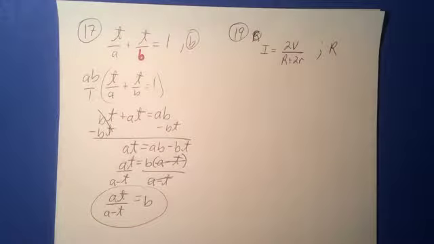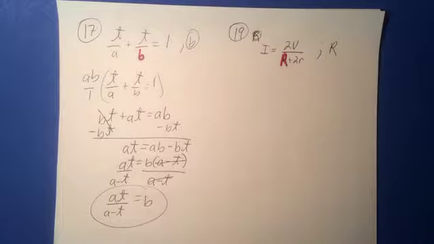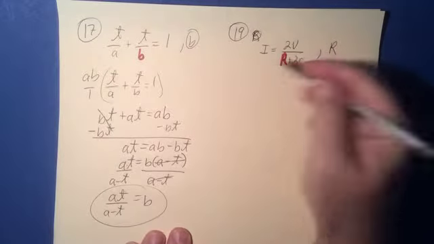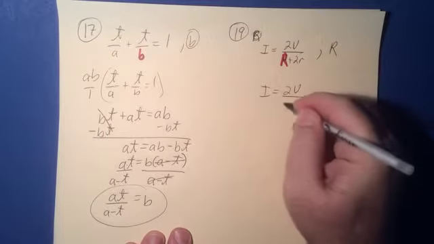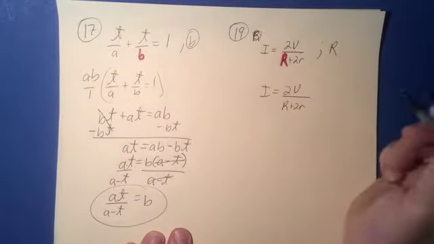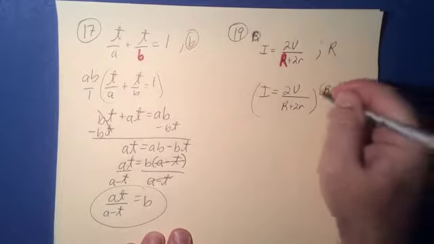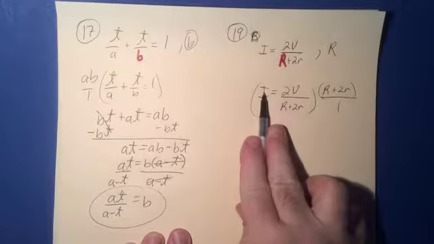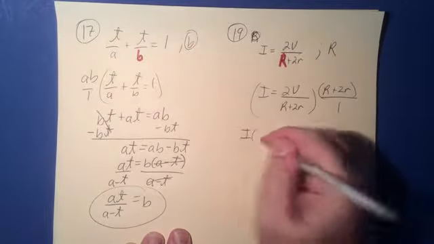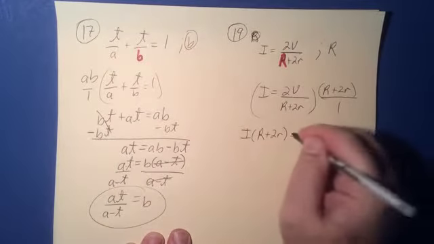I'm going to go ahead, since I want to solve for R, and I'm going to multiply everything through, well, once I write it again, by the big R plus 2r, and I'm going to do that on both sides. Hopefully you see when you multiply this, it's just going to be I times (R plus 2r).